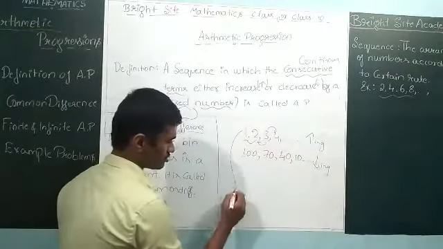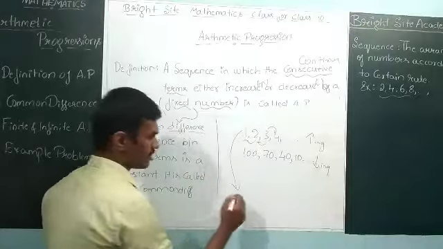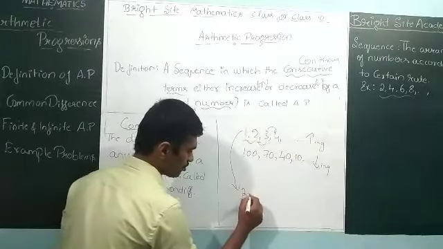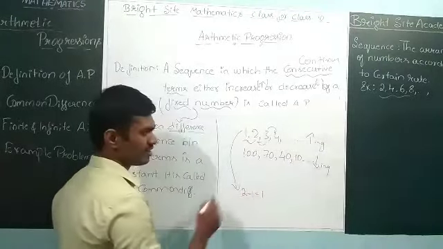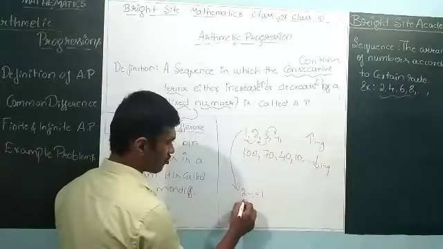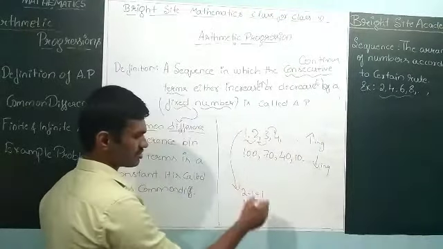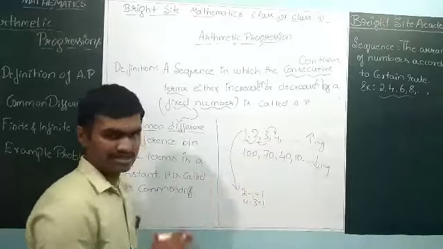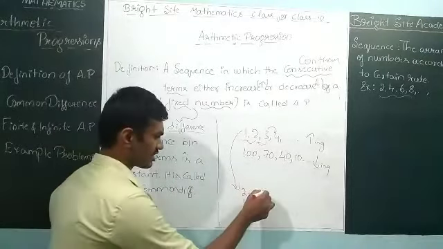Let us take this example, 1, 2, 3, 4. Now consider two terms, 1 and 2. So 2 minus 1, the difference is 1, right? Take these two, 4 minus 3, the difference is 1. So 1 is constant here.